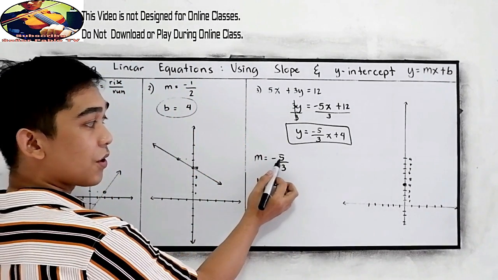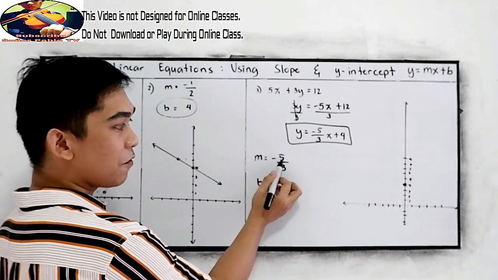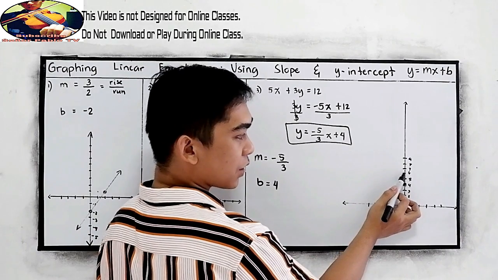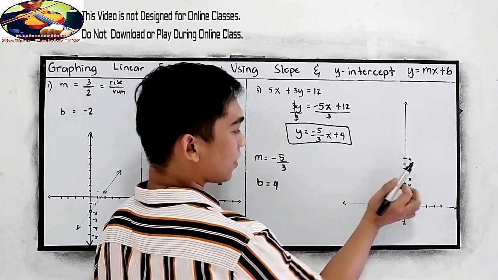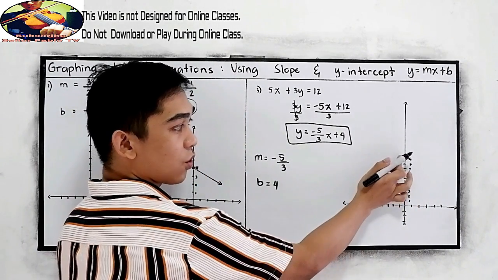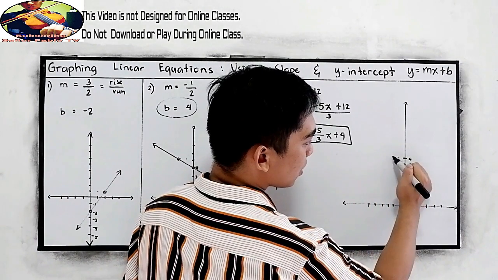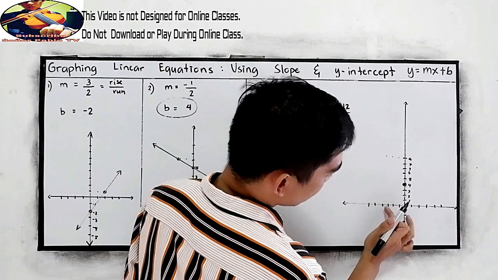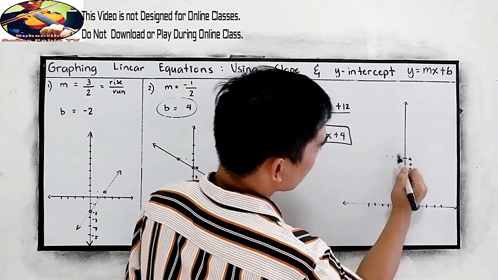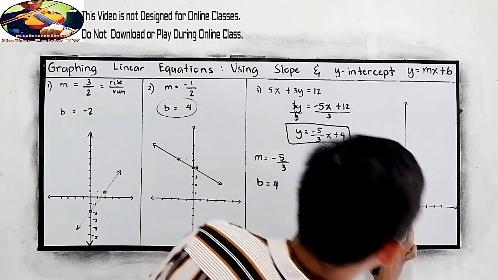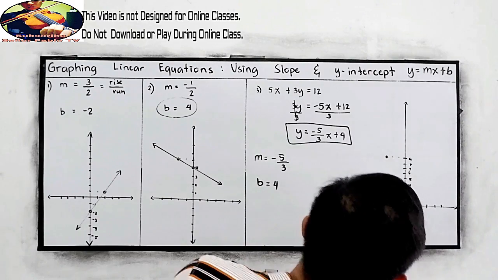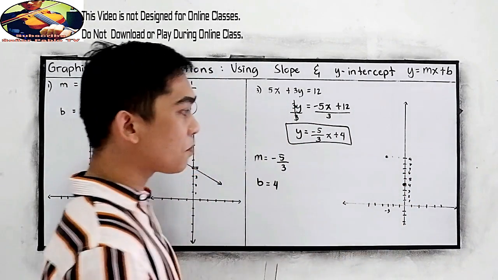Now, rise 5 units: 1, 2, 3, 4, 5. Negative, so going left 3 times: 1, 2, 3. Make sure that it is negative 3, up. So this is our second point.